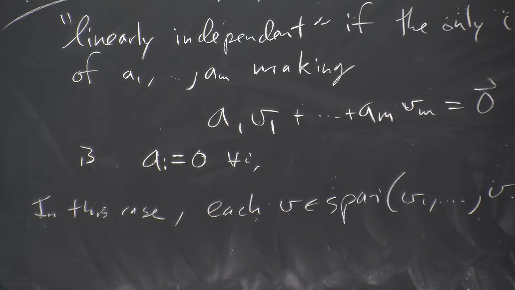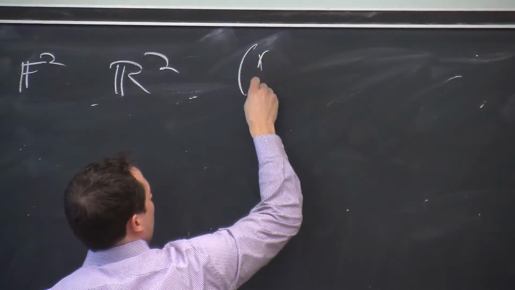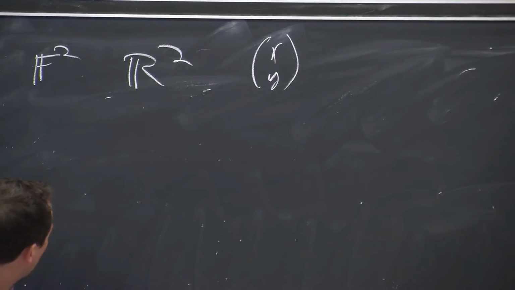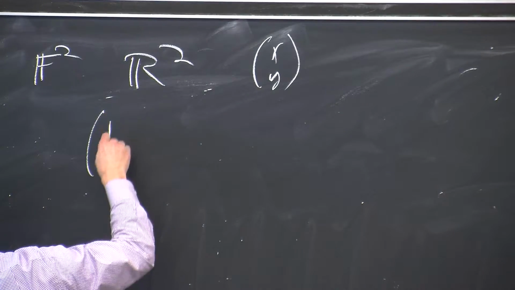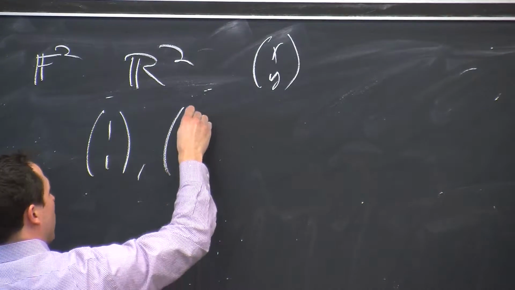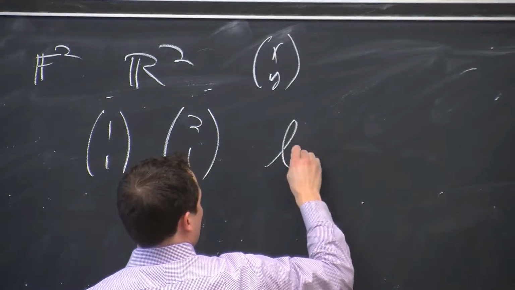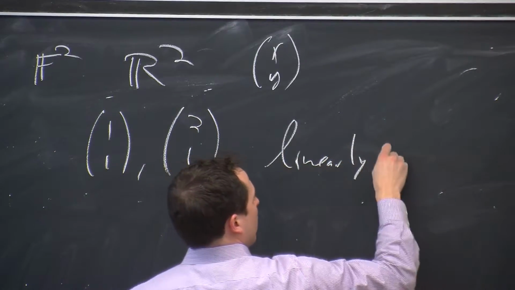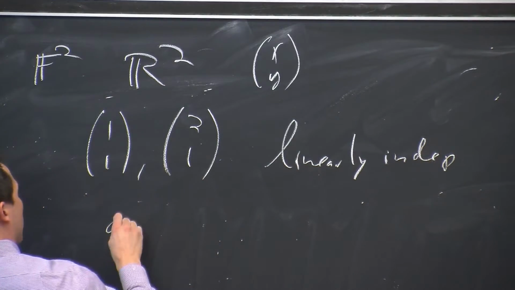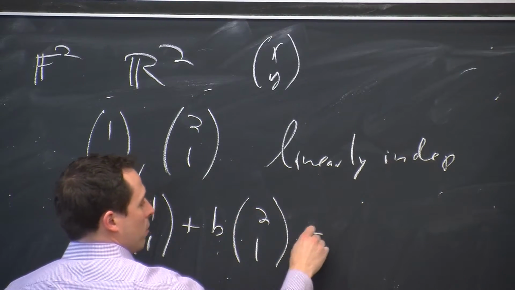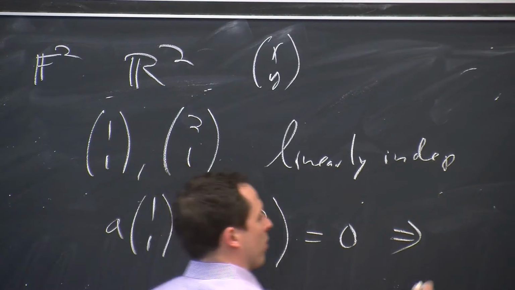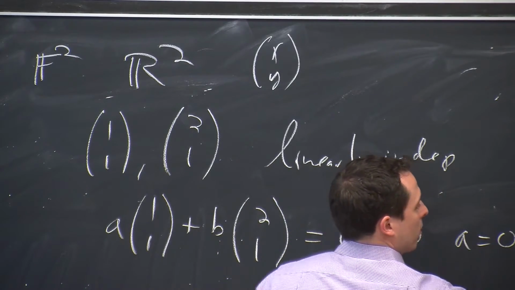If I think about R2, that is pairs x, y with x and y both in R, with the usual addition and scalar multiplication, then this list of vectors, (2, 1), is linearly independent. That is, there's no choice of a and b such that this expression is equal to 0, except for a equals 0 and b equals 0.